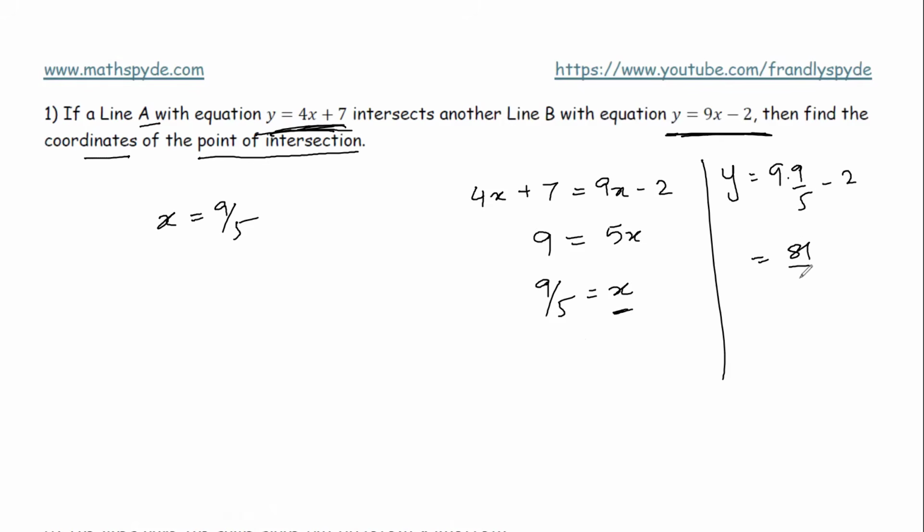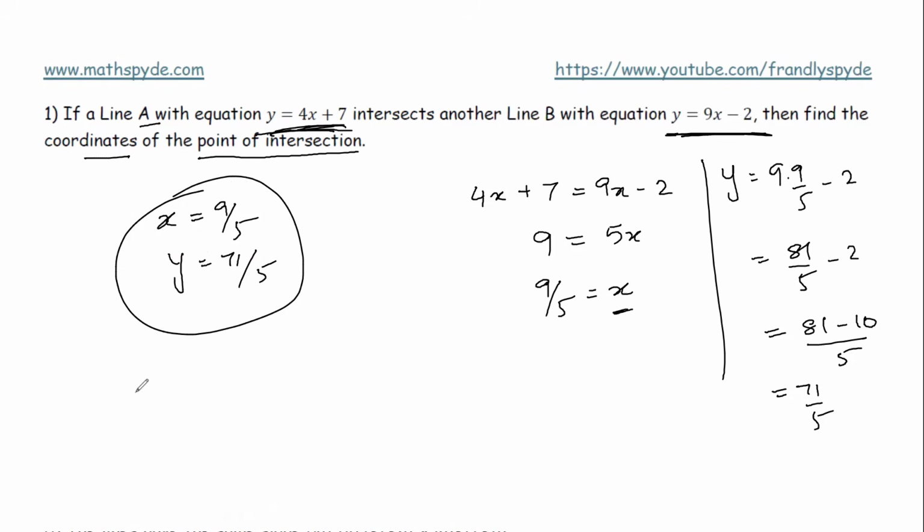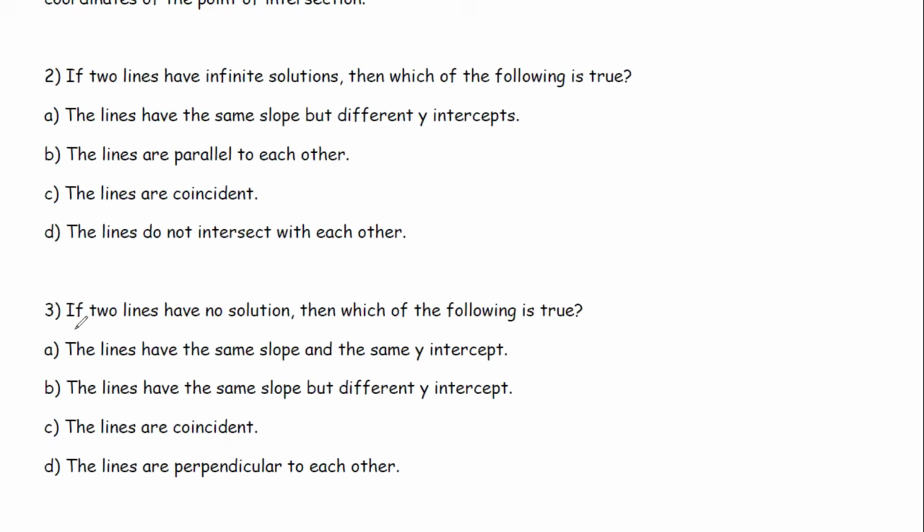So that's 81 by 5 minus 2. So that's 81 minus 10 by 5. That's 71 by 5. So the value of y is 71 by 5. And those are my coordinates. So that was a very basic question to begin with, a refresher kind of question.